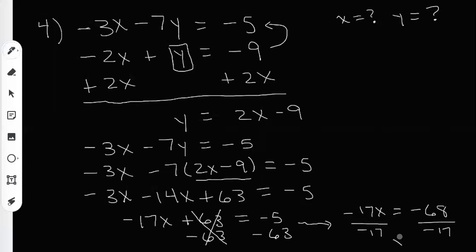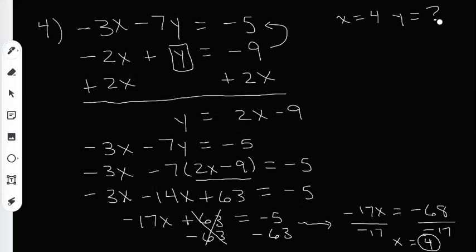And I get x equals 4. So now I know that x is positive 4. I finally got a number for one of my variables. So up here, where I said x is, I don't know, I can replace that with a positive 4.